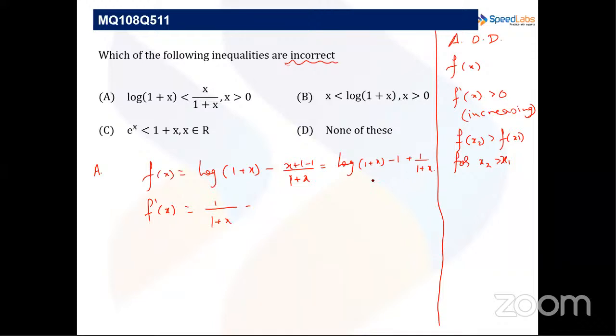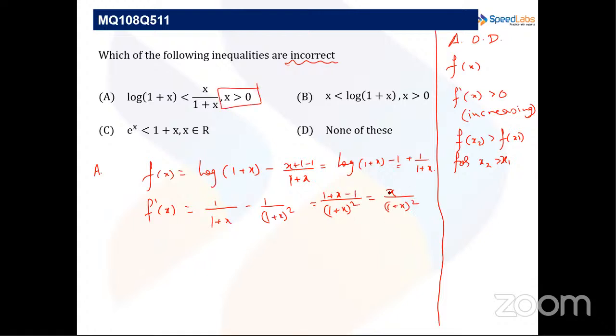Now on differentiating, this will be 0, and (1 plus x) to the power minus 1 will give minus of 1 upon (1 plus x) whole square, and you get (1 plus x minus 1) upon (1 plus x) whole square, so that will be x upon (1 plus x) whole square.